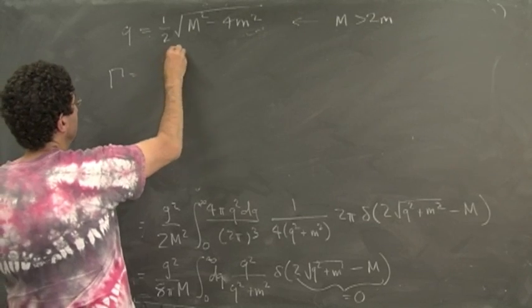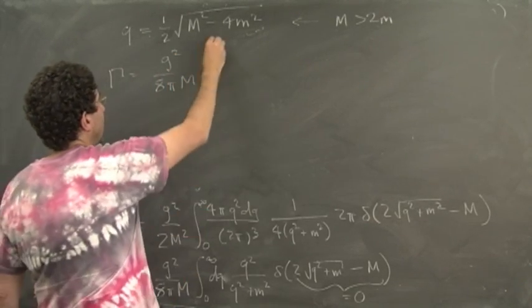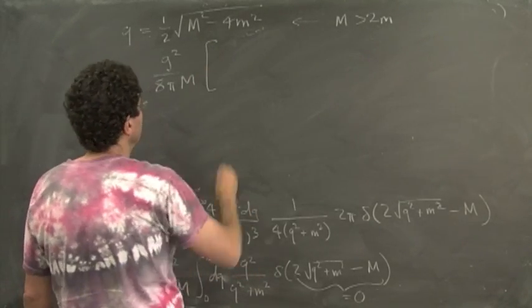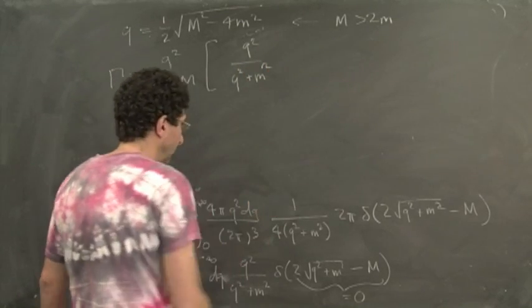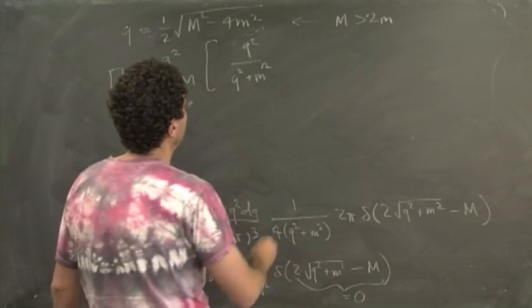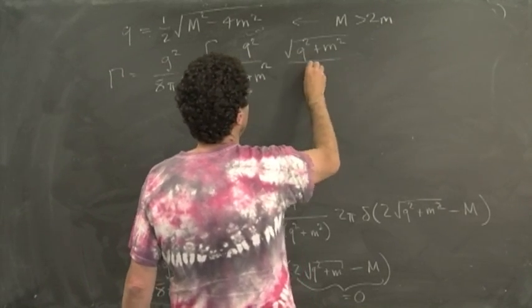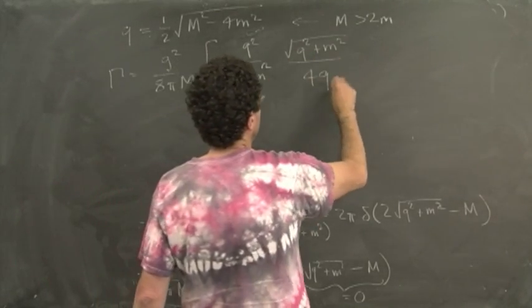We have this factor of g squared over 8 pi m, and then we have to evaluate the integrand at this point. So we have to evaluate q squared times q squared plus m squared. But then we also get this Jacobian factor. I'll just write it down, and I'll leave it to you to check that this Jacobian factor is actually this, square root of q squared plus m squared over 4q.